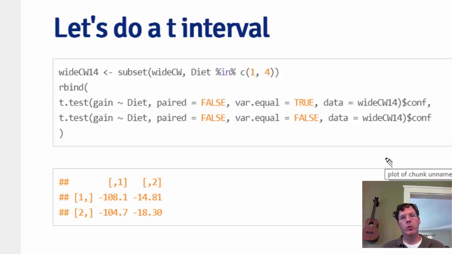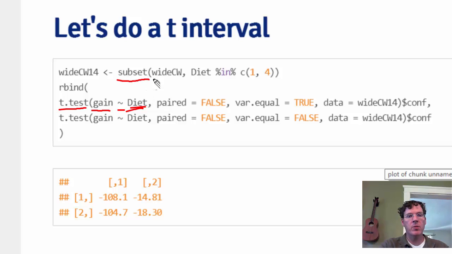In order to use the t-test formula notation, where you take an outcome variable like weight gain, tilde, the explanatory variable of interest, the t.test function needs the explanatory variable to have only 2 levels.